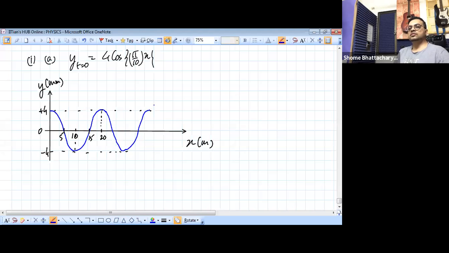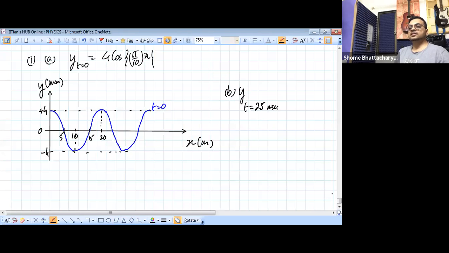Now, this is what it looked like at t equal to 0. If we compare this with the b part, where we are plotting y at t equal to, I think it was 25 milliseconds.